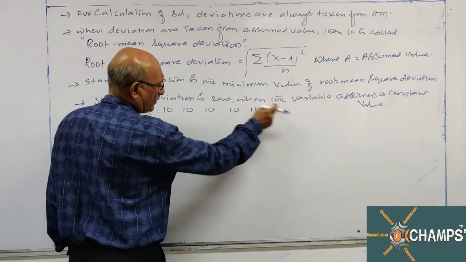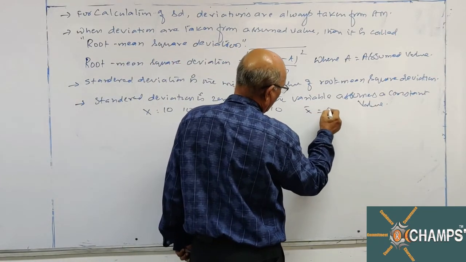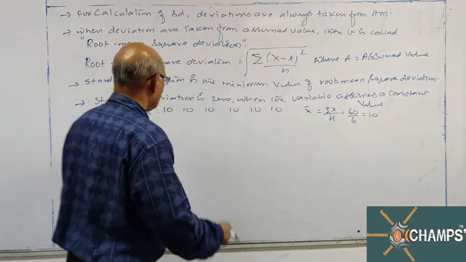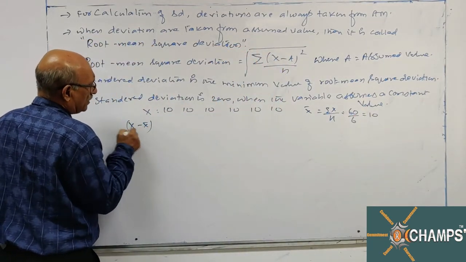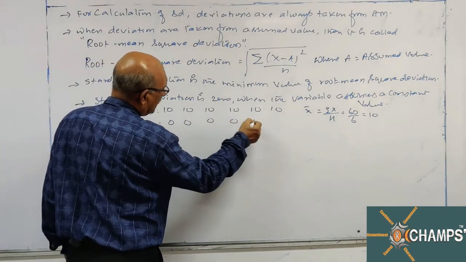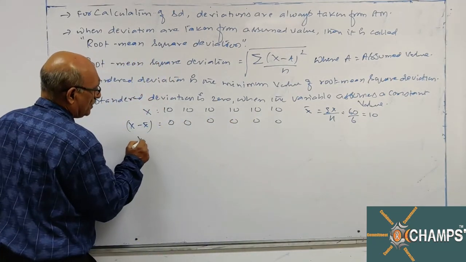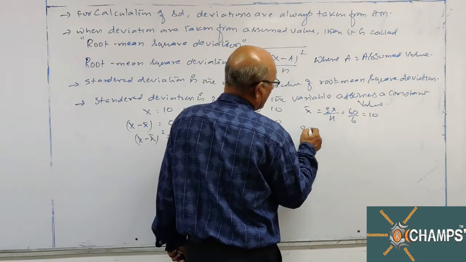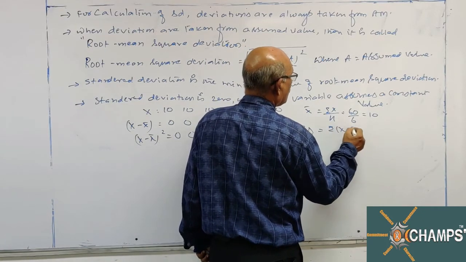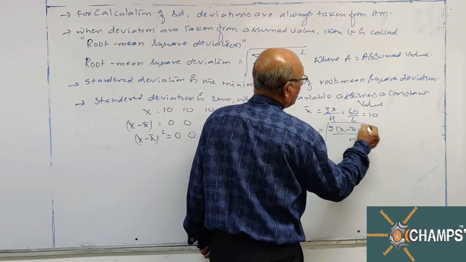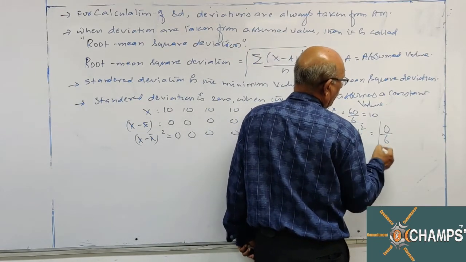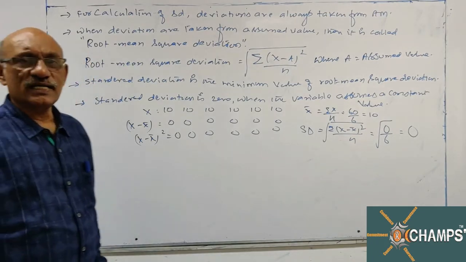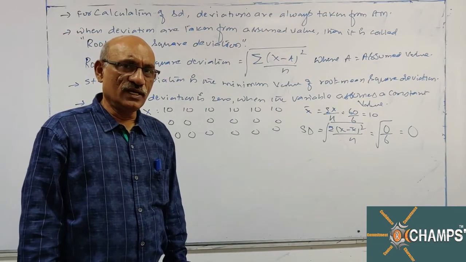So x bar is equal to summation of x by n, 60 divided by 6, which is 10. x minus x bar is 0, so x minus x bar whole square is also 0. Standard deviation is the square root of summation of x minus x bar whole square by n, which is the square root of 0 by 6, and this is 0. When the variable assumes a constant value, standard deviation is 0.